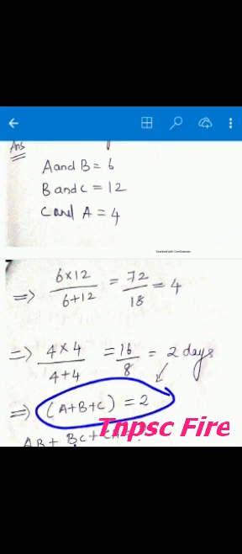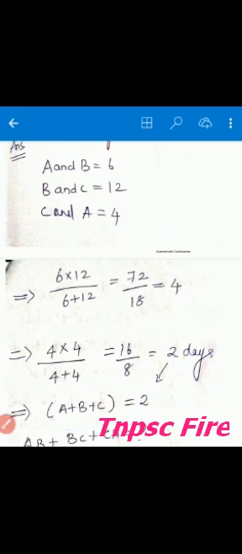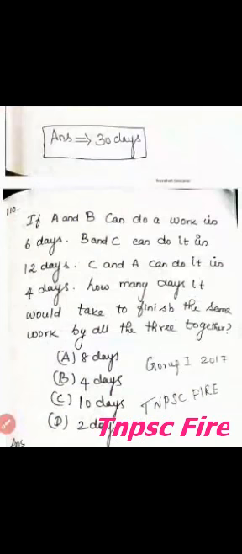A plus B plus C is 2, so 2 into 2 is 4. So 4 days is the answer for this question.